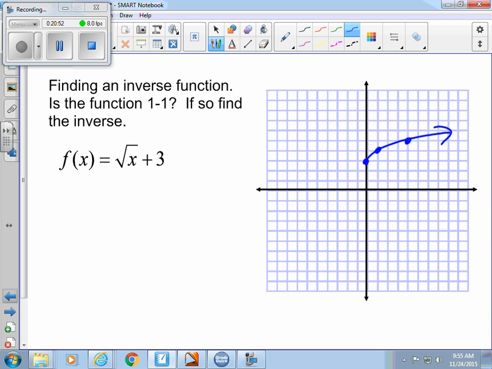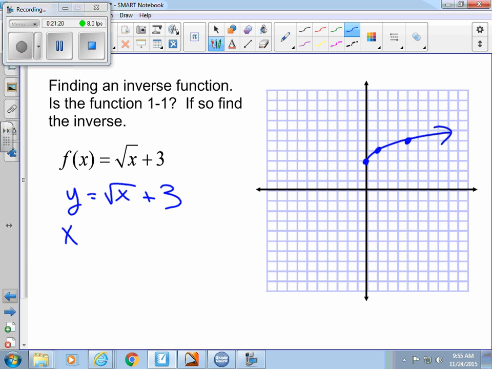So this is a tough one. I don't know if there are any this tough on your homework or not, but this one's a weird one. Okay, the inverse should be a function. Does everyone agree? Because that is definitely 1 to 1. Okay, let's find the inverse. Step 1, rewrite f of x as y. Then what?